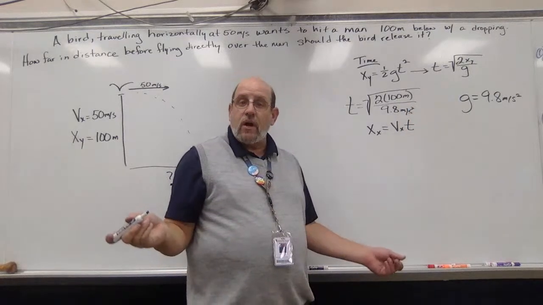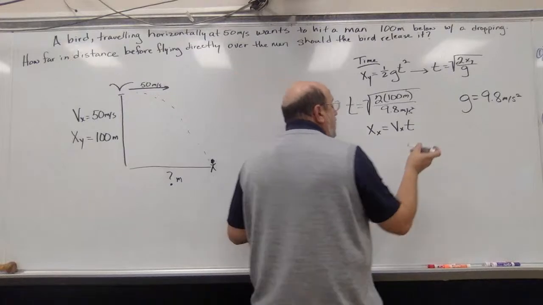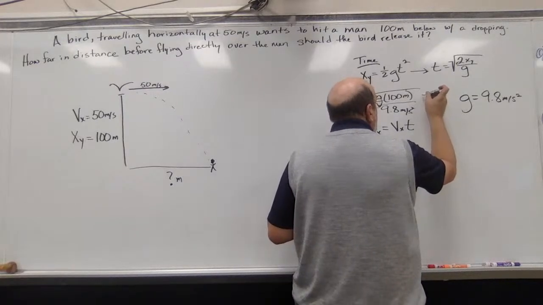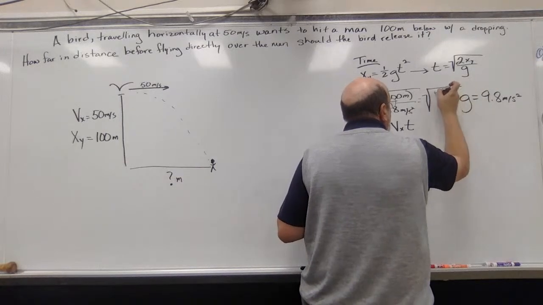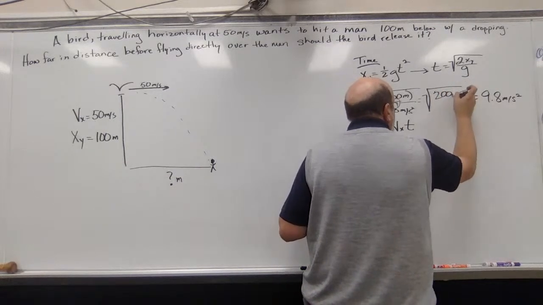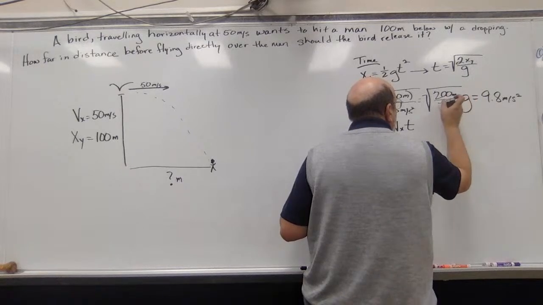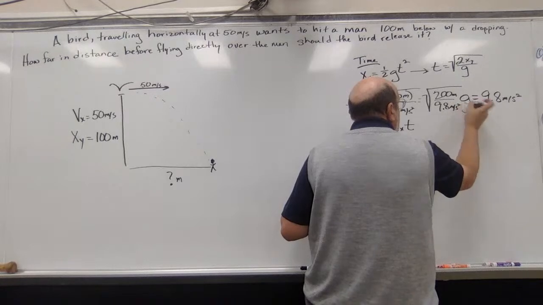There we go. I'm going to rewrite it again right here: 200 meters over 9.8 meters a second squared.